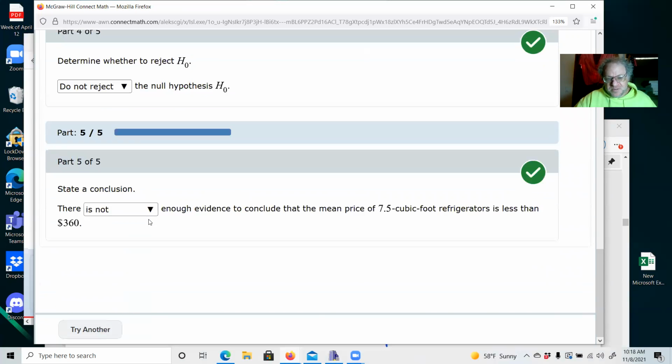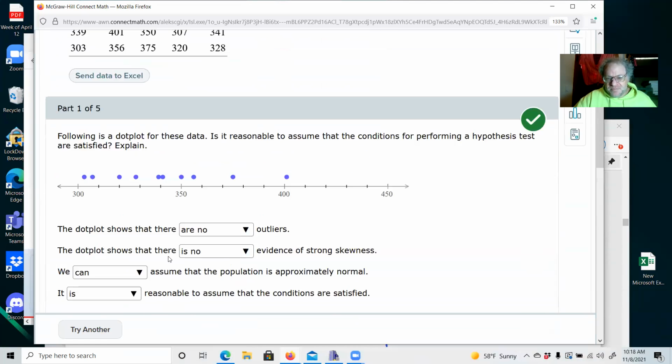So your boss tells you, do this test and tell me what it means. Depending on their education, they might prefer something like this if they're a statistician. But if you're just somebody trying to figure out how to price refrigerators, say 360 will be just fine. That's the answer they're probably going to appreciate more.